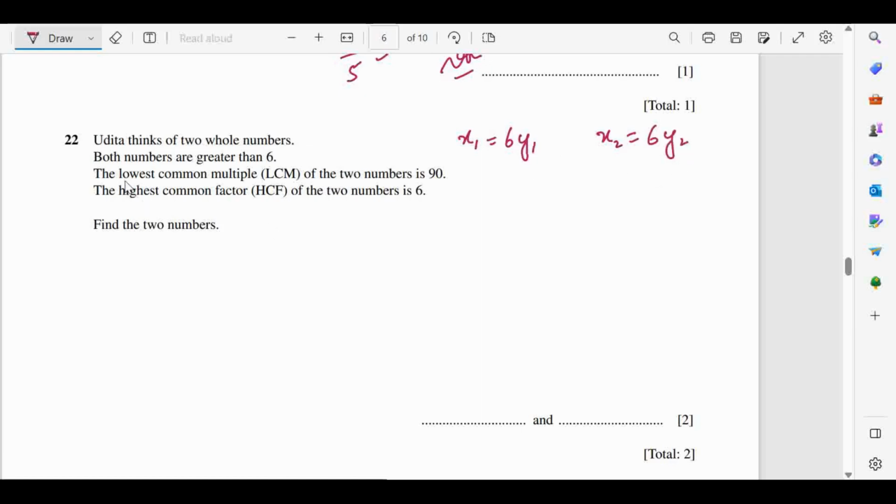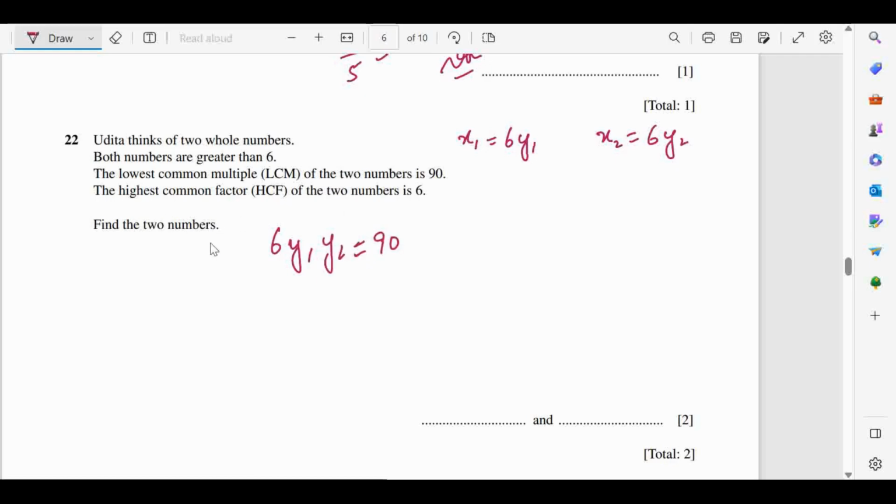The lowest common multiple of the two numbers is 90, so the lowest common multiple 6 y1 y2 is equal to 90.